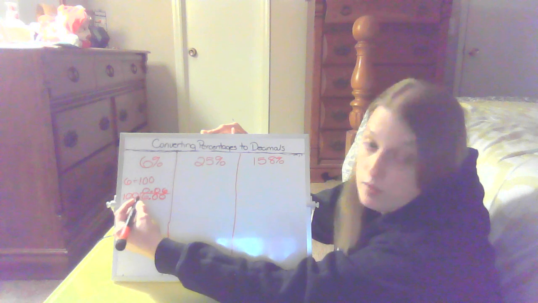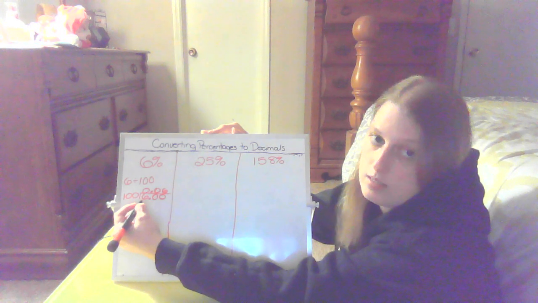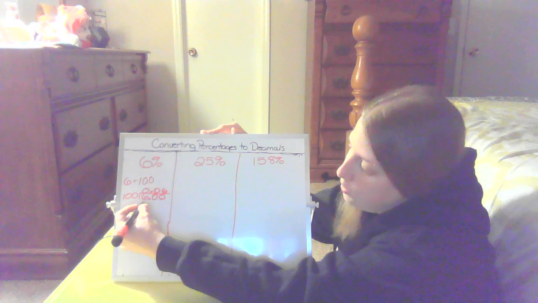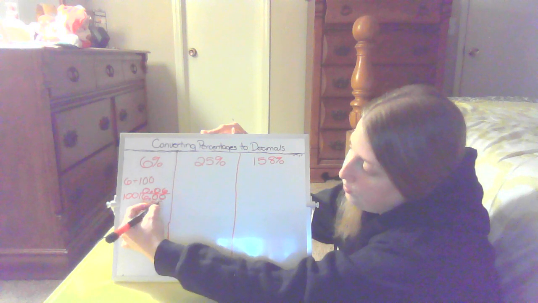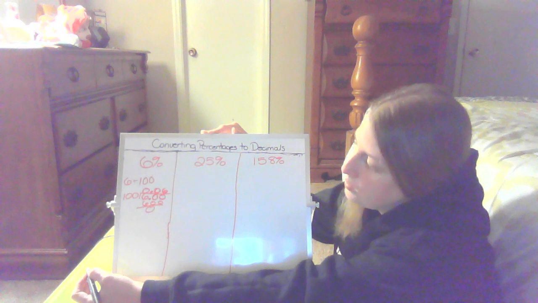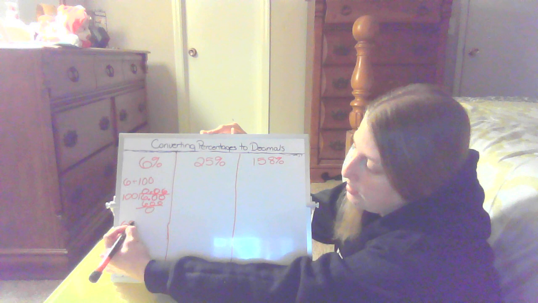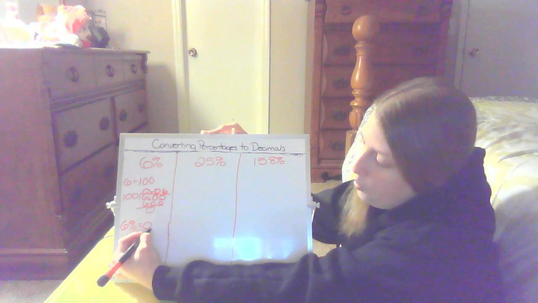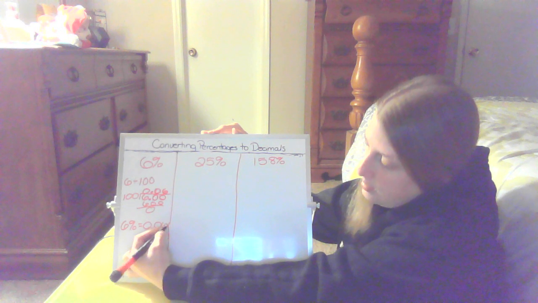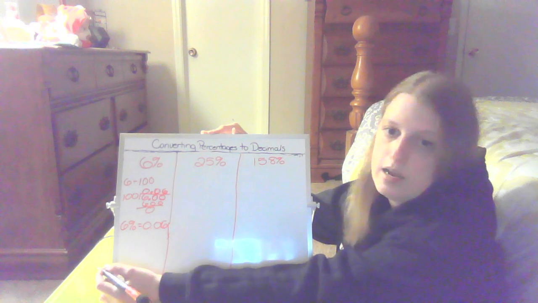And we know that 6 times 100 is 600. So 600 minus 600 is 0. No more division is necessary. And 6% written as a decimal looks like this. 0.06 is 6% as a decimal.